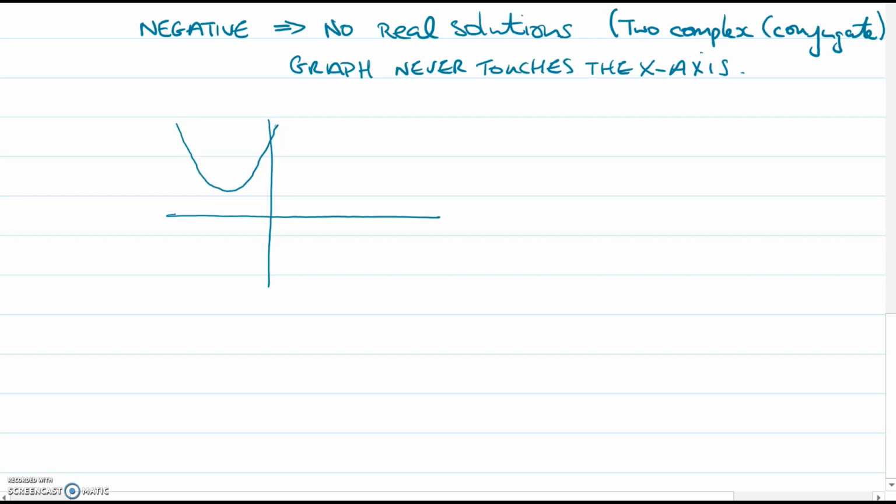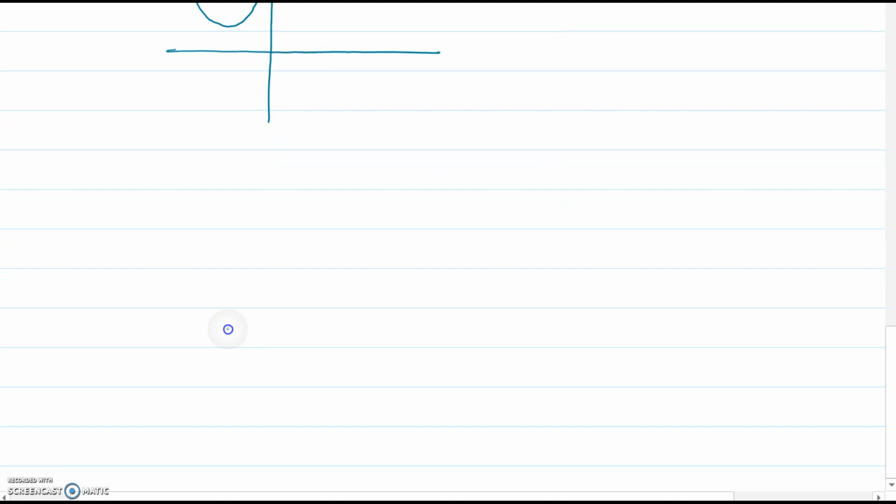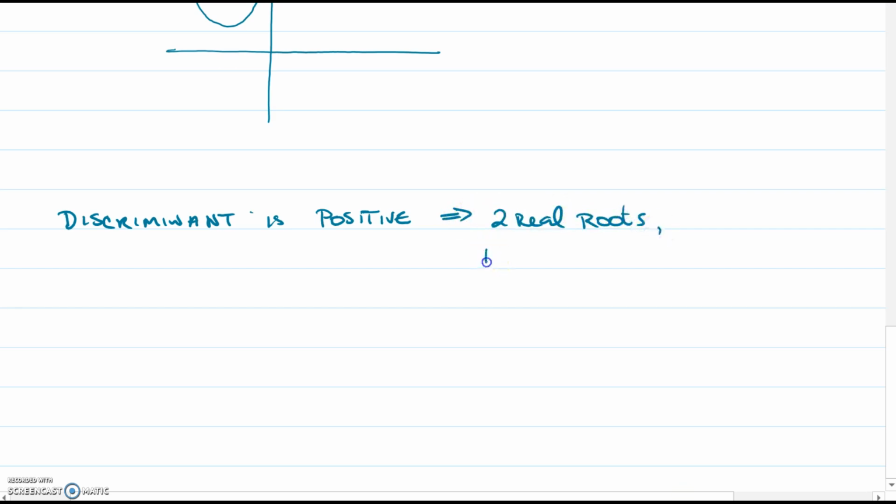So remember, in summary, if the discriminant is positive, you get two real roots, and it crosses the x-axis twice.